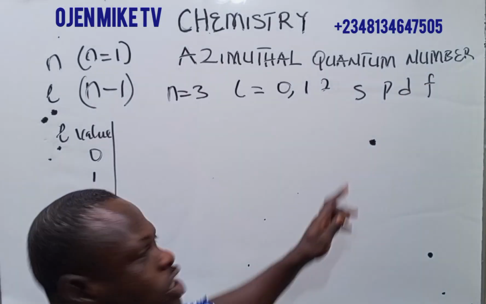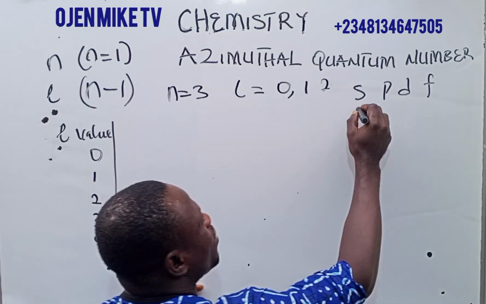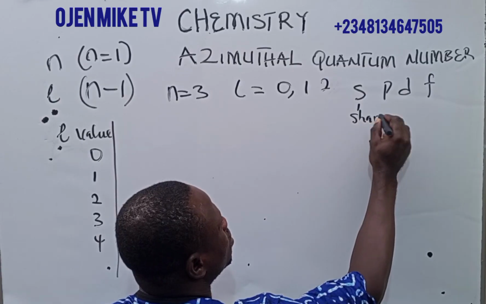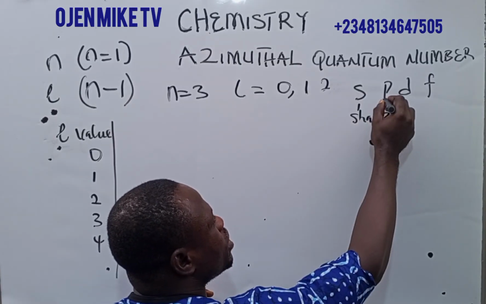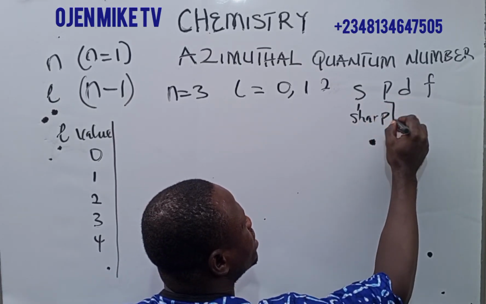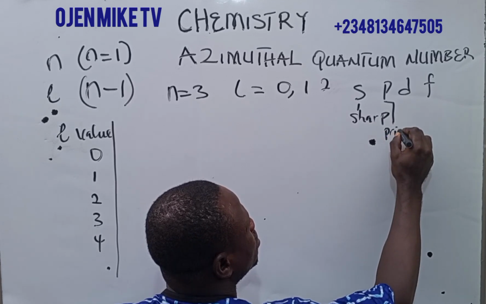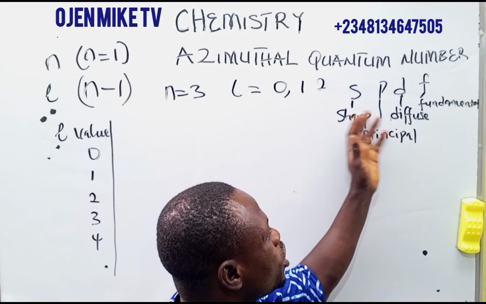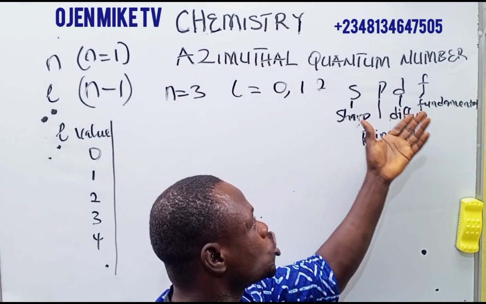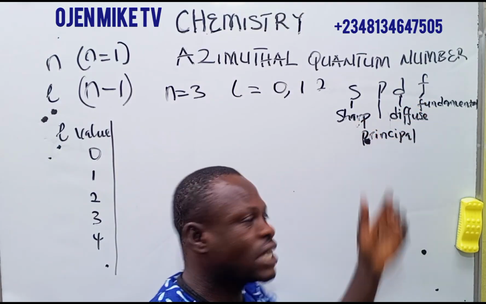S, P, D, F. S here stands for sharp. P here stands for principal. These are the subshells of an atom.